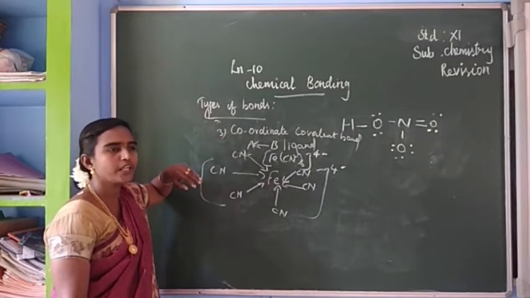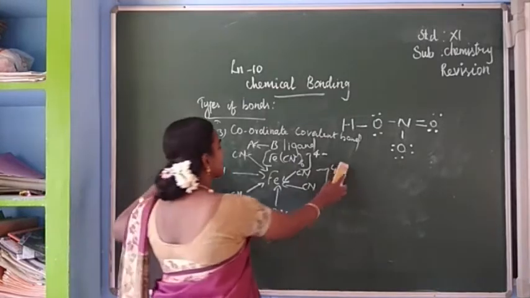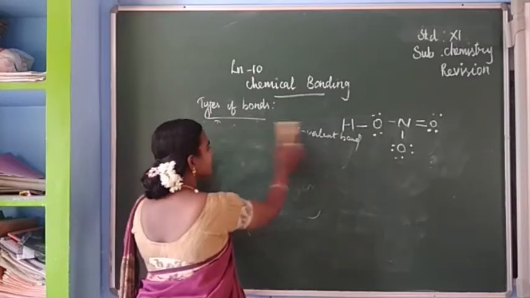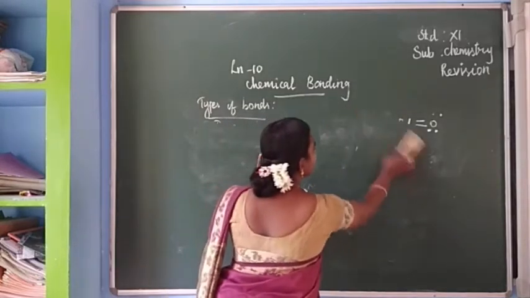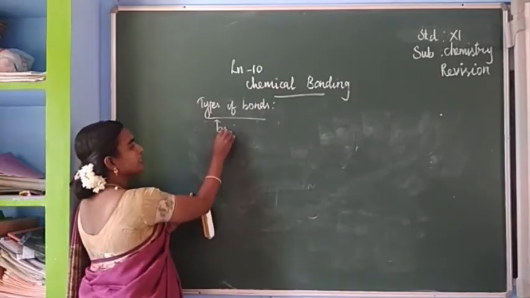Next we are going to explain bond parameters. The first one is bond length. Bond parameters: bond length, bond order.